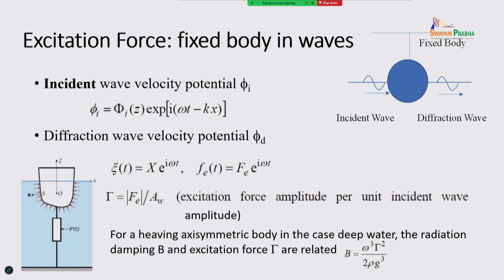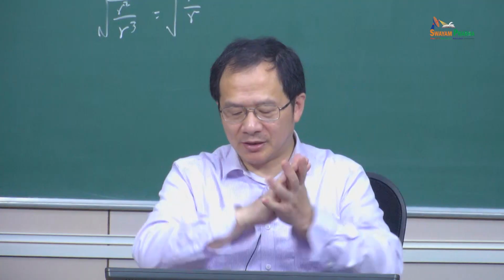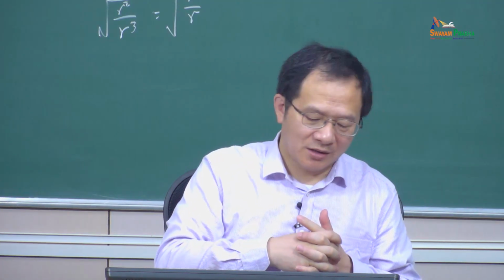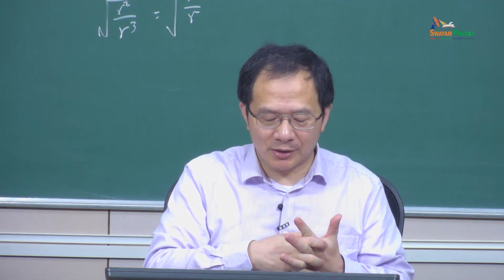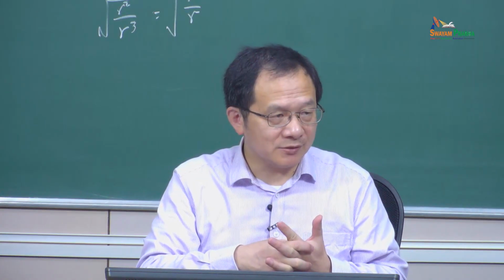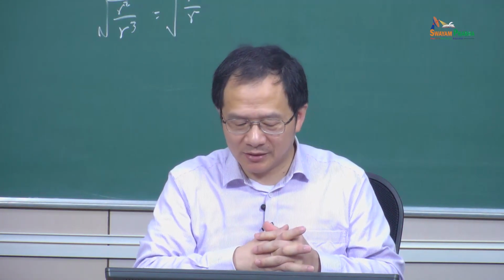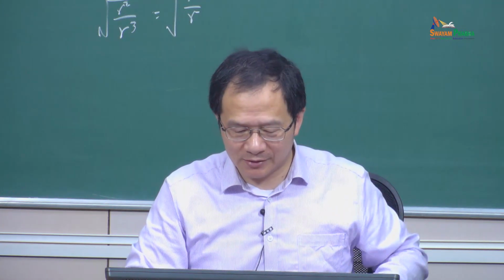Previously we already discussed the radiation damping term. For a mostly symmetric buoy in deep water, you can calculate gamma, the normalized excitation force. Again, radiation damping and added mass are related, and here excitation force and radiation damping are also related.